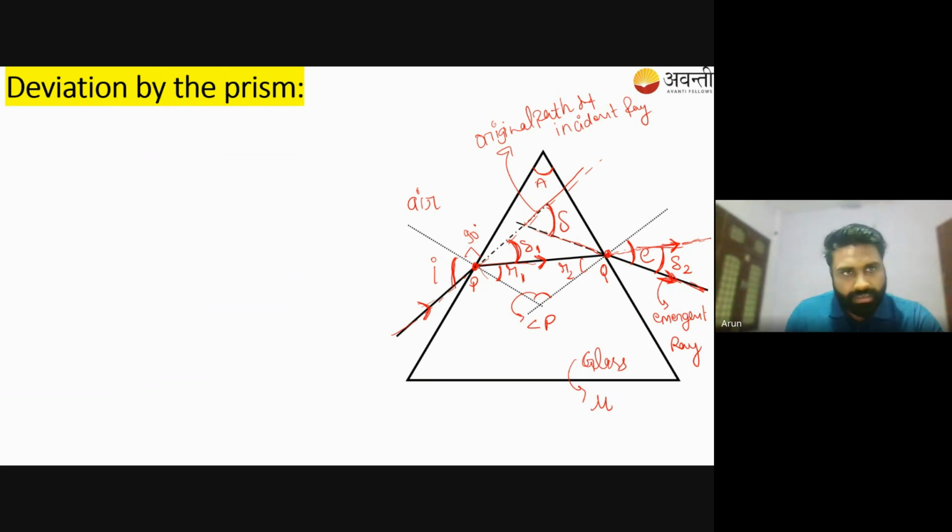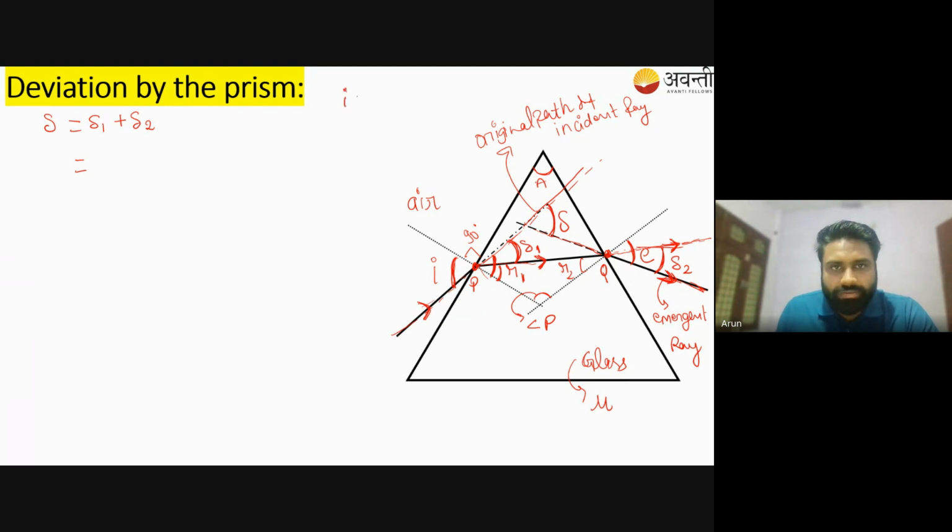From the previous concept of deviation, we can write the total deviation delta as delta 1 plus delta 2. Now what is the value of delta 1? The angle I is made by this ray to the normal, so this total angle I is the summation of delta 1 and R1.